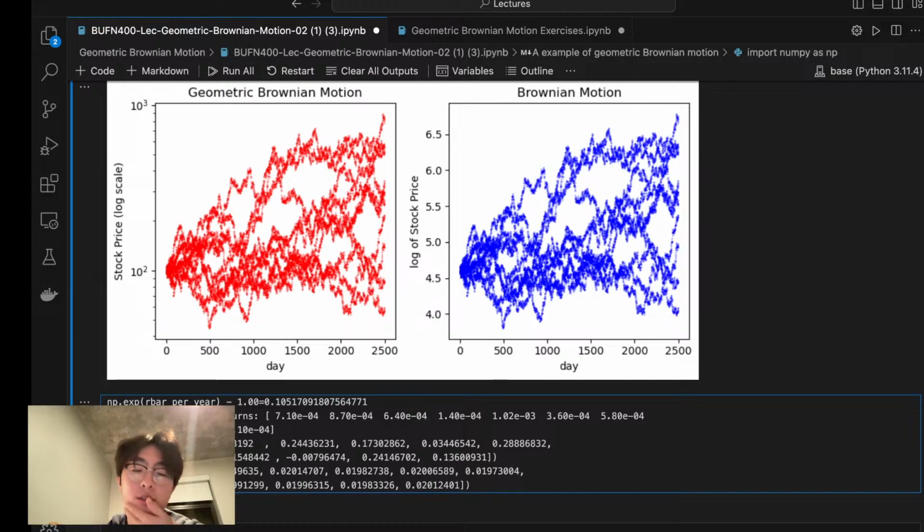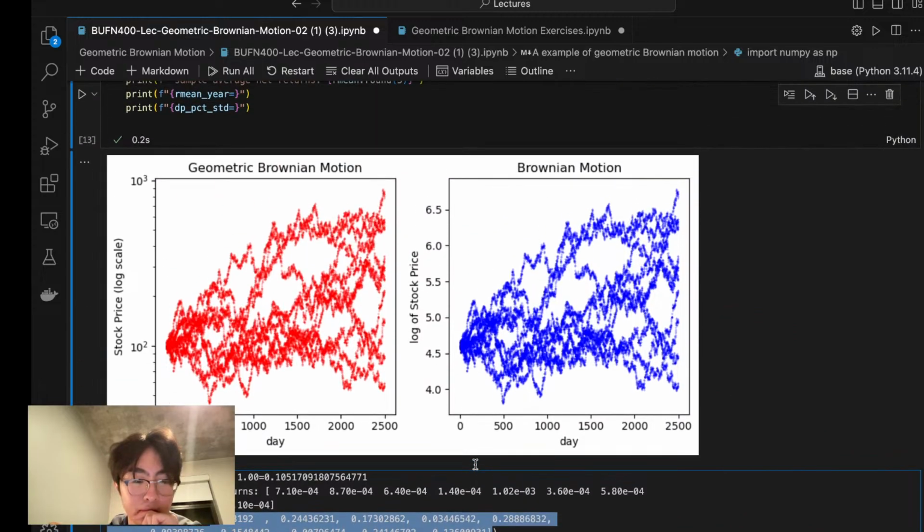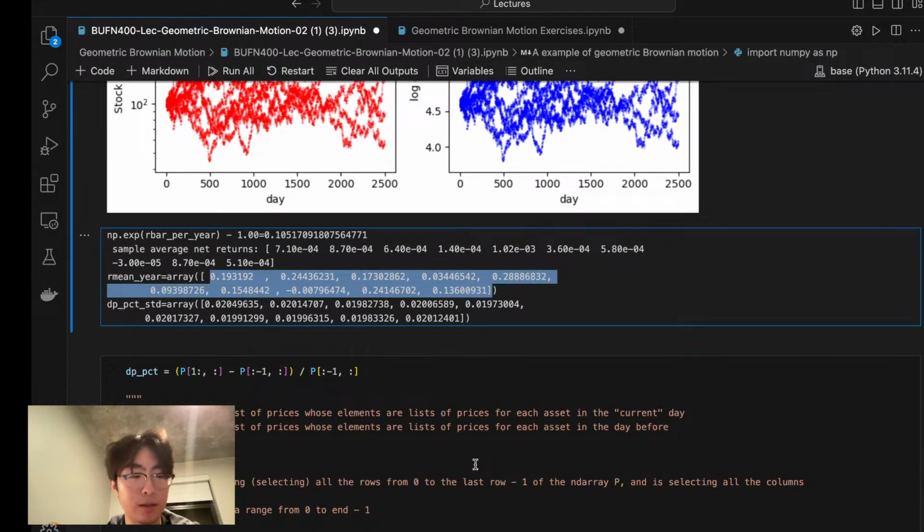So that would suggest that the sample mean is actually quite different from our actual theoretical mean. Okay.